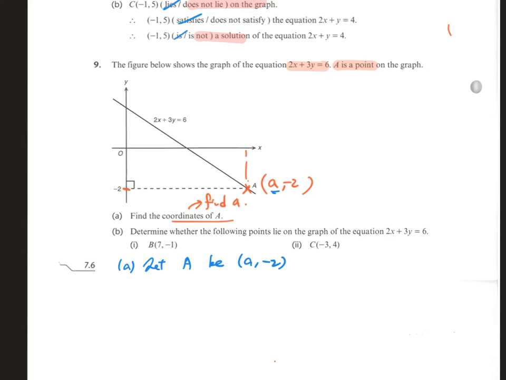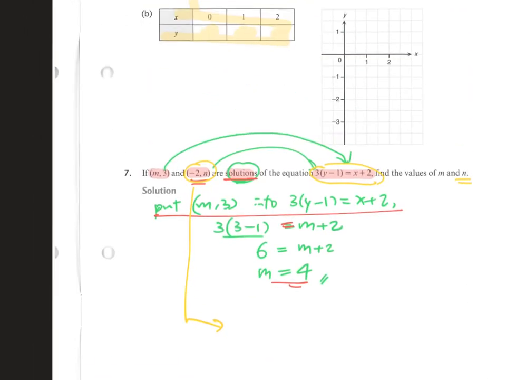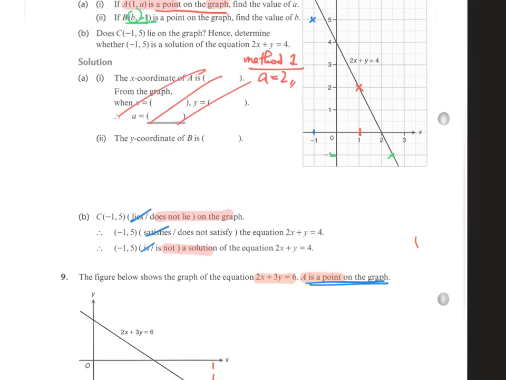Afterward, because it's a point on the graph, that means I can put (a, minus 2) into the equation 2x plus 3y equals 6, where the left hand side and right hand side are the same. If you forget the idea, please go back to question number 7 as another example.